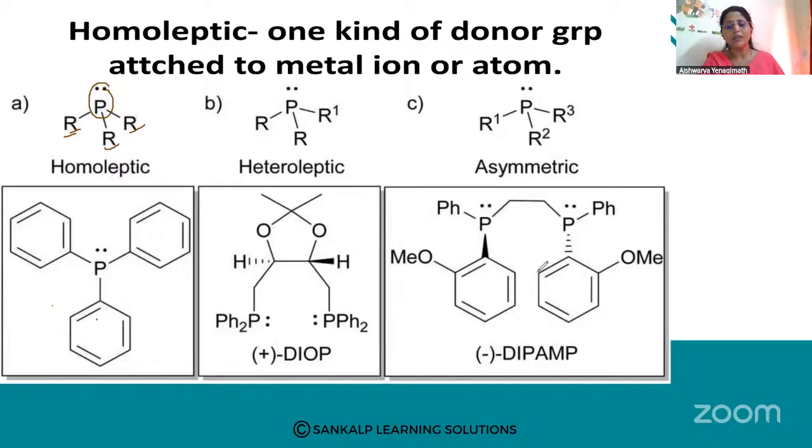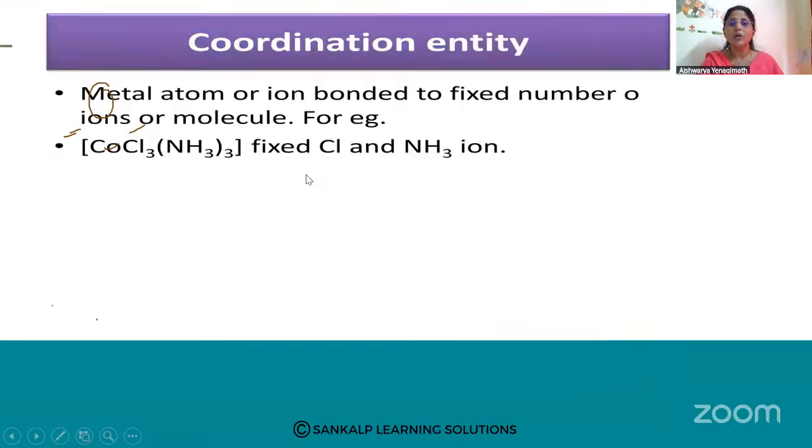And heteroleptic? If there is one different ligand, we call it heteroleptic. So homoleptic means the same kind of ligands are attached. Heteroleptic means one or more different ligands are present.